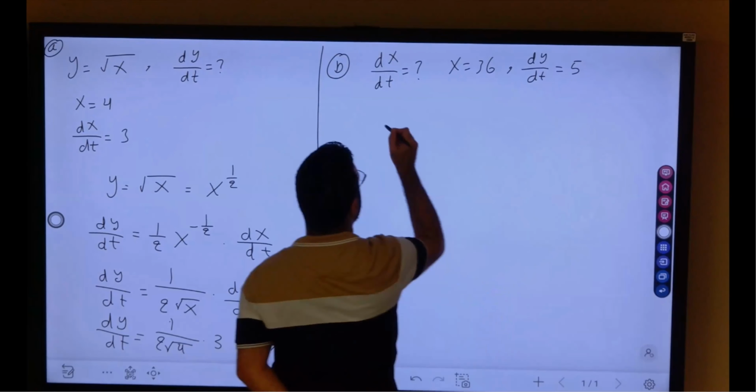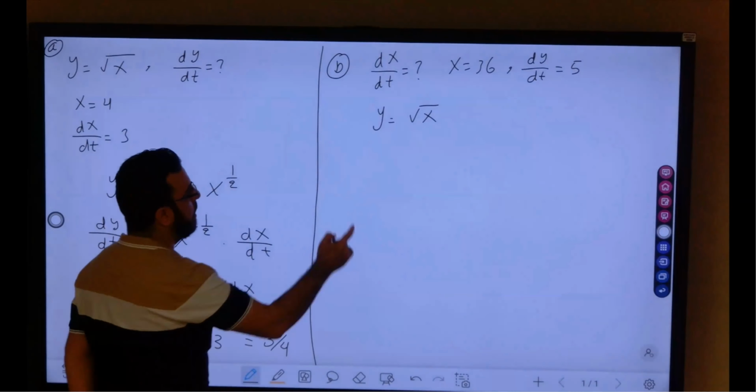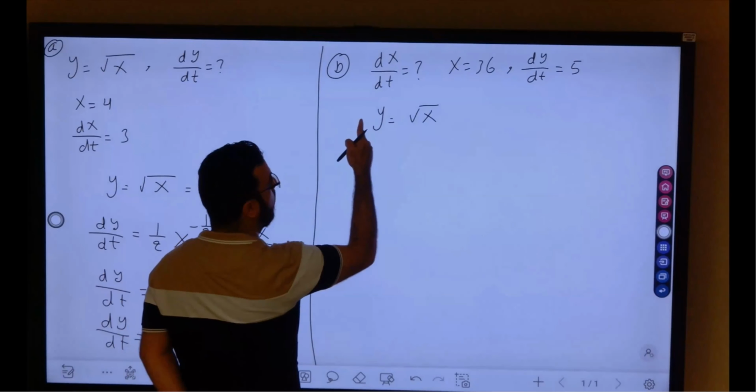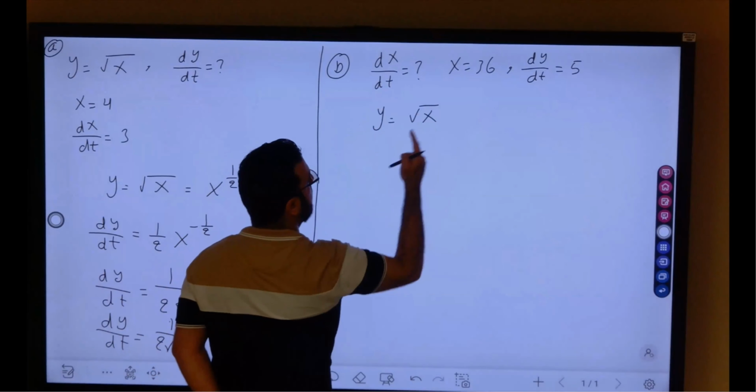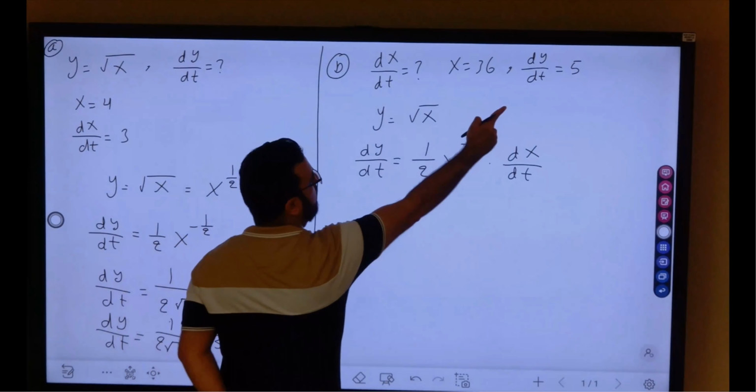And of course, we have the same function, y equals square root of x. So we're going to do the same process. We're going to find the derivative of both sides with respect to t. That means dy over dt is going to be equal to half x to the negative half times dx over dt. Now our goal is to find this side here, with dy over dt equal 5.